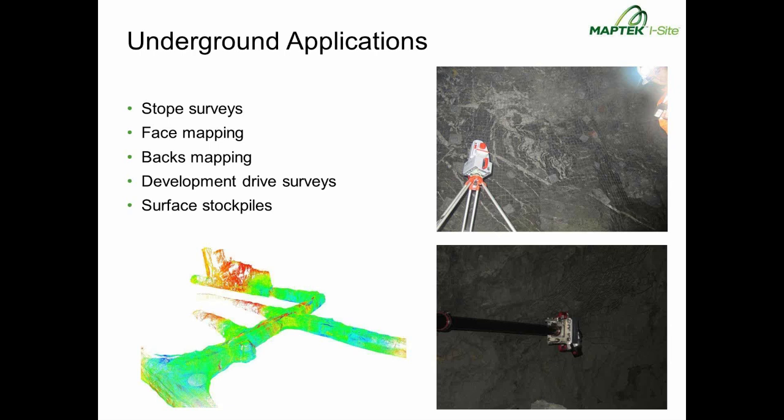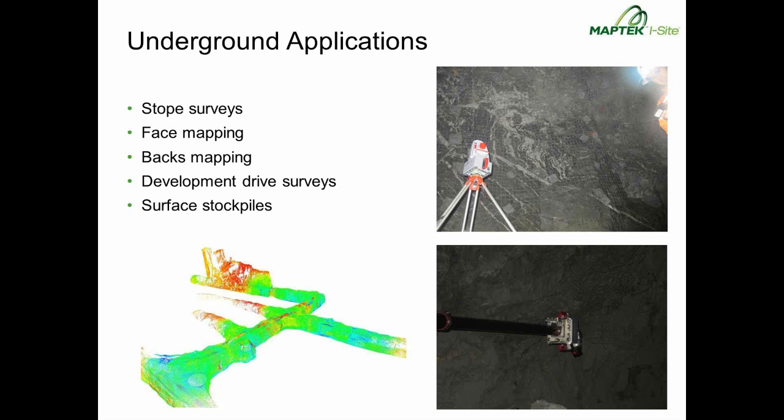We've been doing this in OpenPit applications for a while, and all of the same tools are applicable for underground. Now that you're able to attach a third-party photo, lighting isn't necessarily an issue. There's also mapping of backs and development of drives and drifts. And we've kept a lot of the versatility from our OpenPit models, which even allows for surface stockpiles to be scanned and calculated.